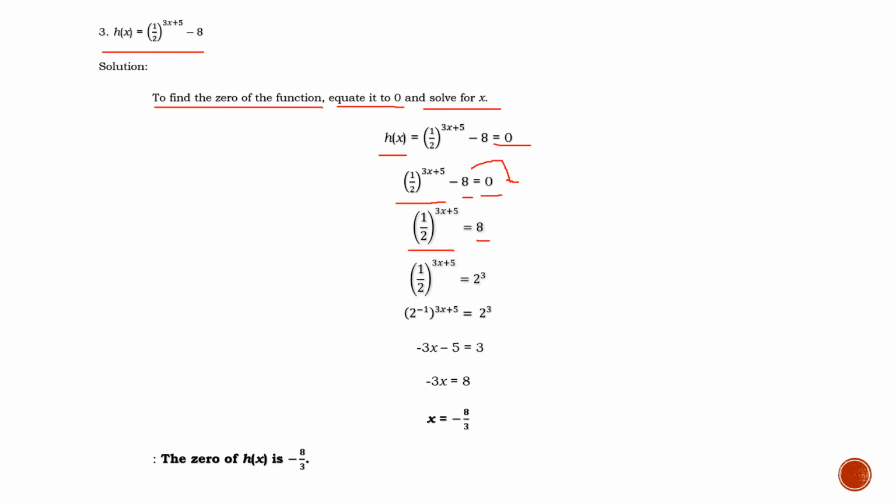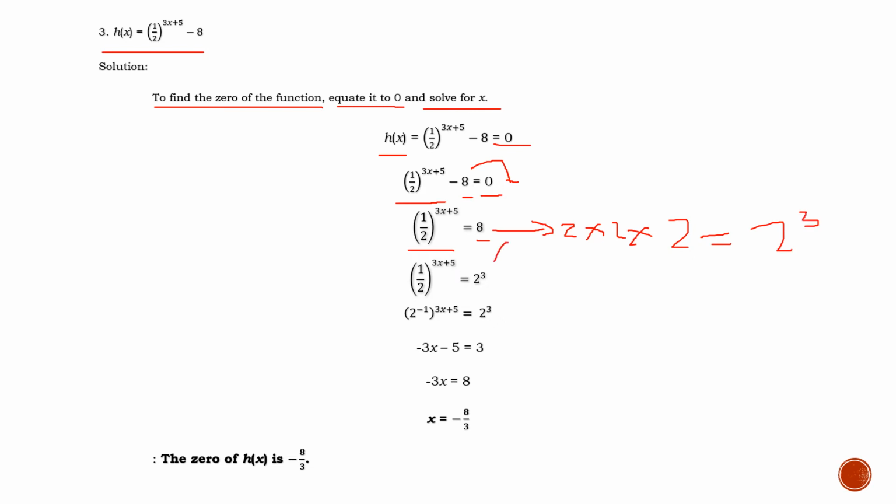Then now, we're going to look for the base 2 that can provide you a value of 8. We can rewrite this as 2 multiplied by 2 multiplied by 2, or as 2 raised to 3.